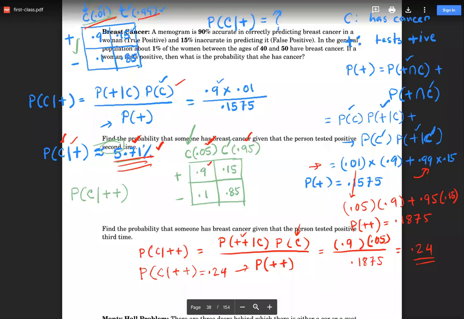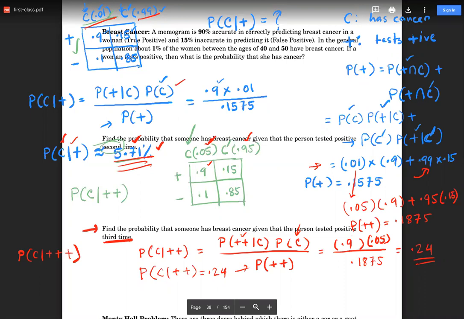Now, here I ask you, find the probability that someone has breast cancer, given that the person tested positive a third time. So this time we are looking for probability of cancer, given that the person tested positive 3 times. Now, how are things gonna change?